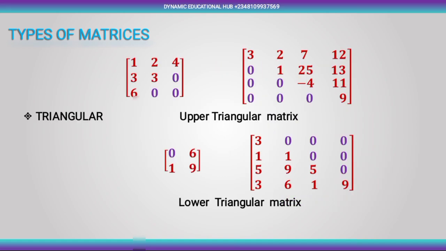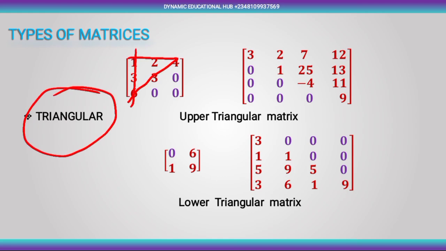Another type of matrix, which is a special type of square matrix, is the triangular matrix. A triangular matrix is a square matrix that has zero elements, and the non-zero elements can form a triangle.